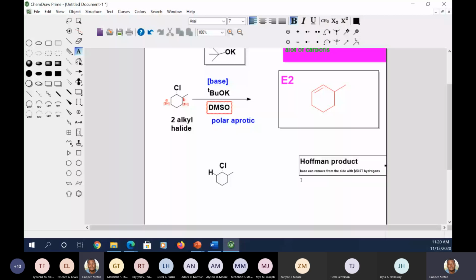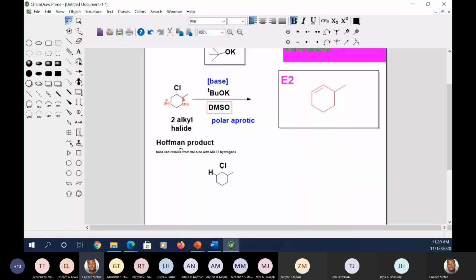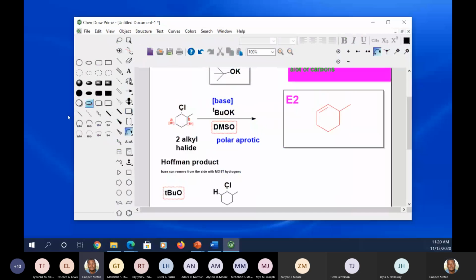All right, so let's go ahead and do that. I'm going to take my base. I'm going to use the O version of this, right? Keep in mind that the potassium is just attracted to the chlorine. So I'm going to use the oxygen.